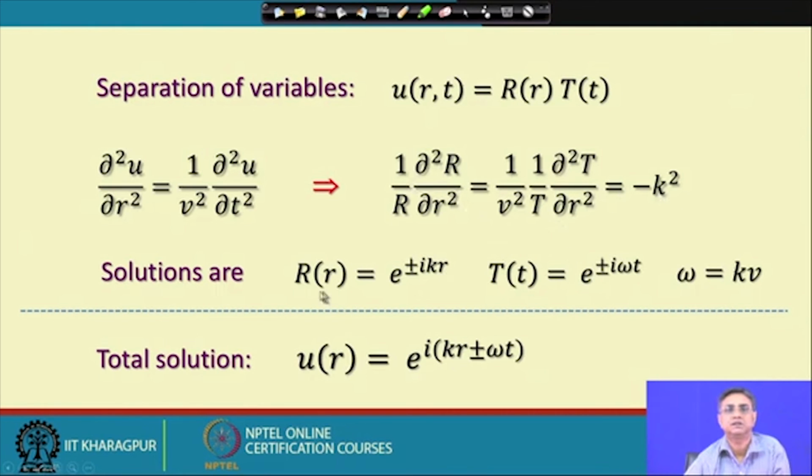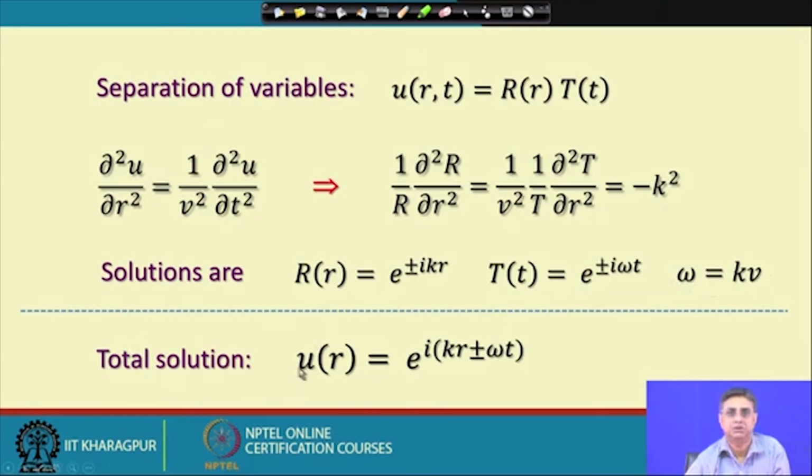This equation is again a well known equation whose solution is R of r equal to e to the power of plus minus i k r, and T, this equal to minus k square, will give a solution which is e to the power of plus minus i omega t, where I have used omega equal to k into v, the frequency of the wave.